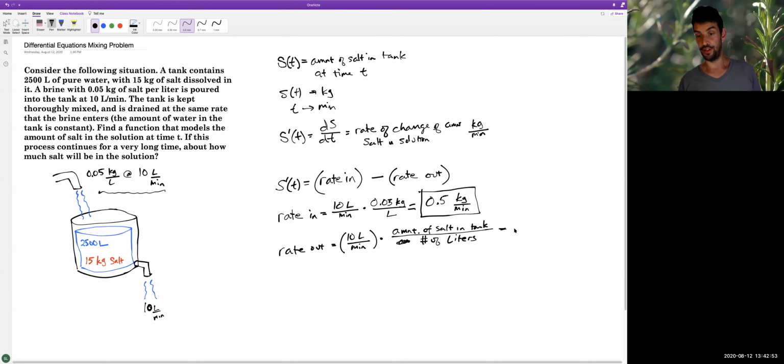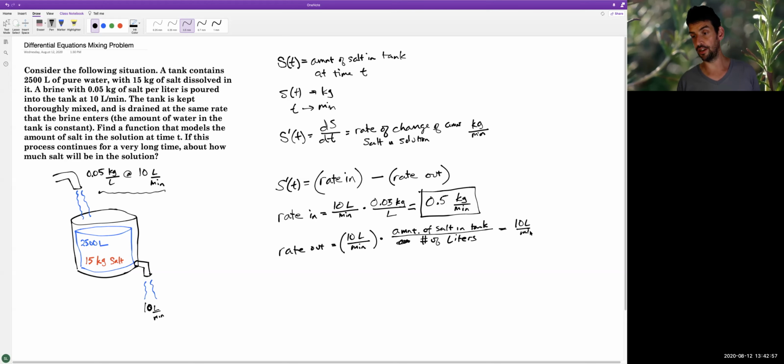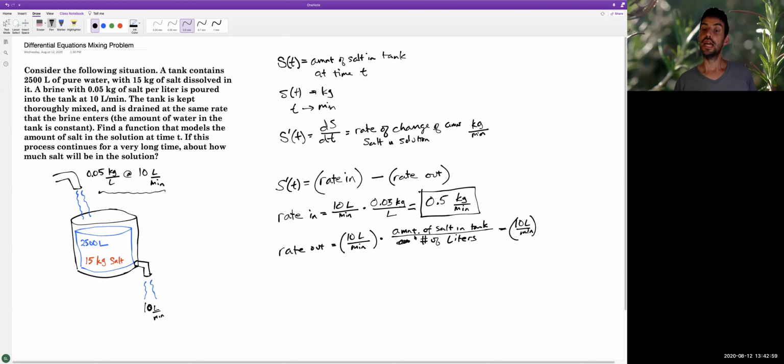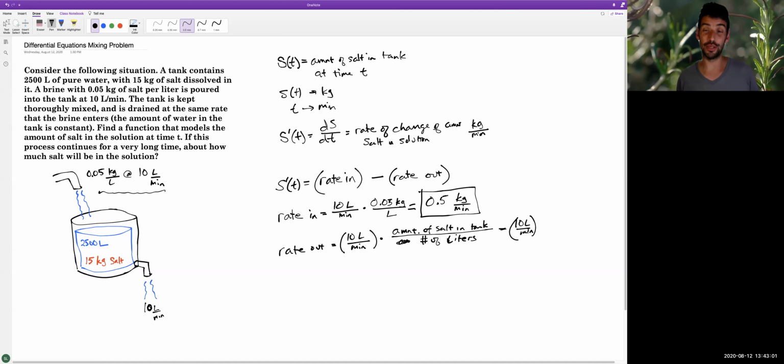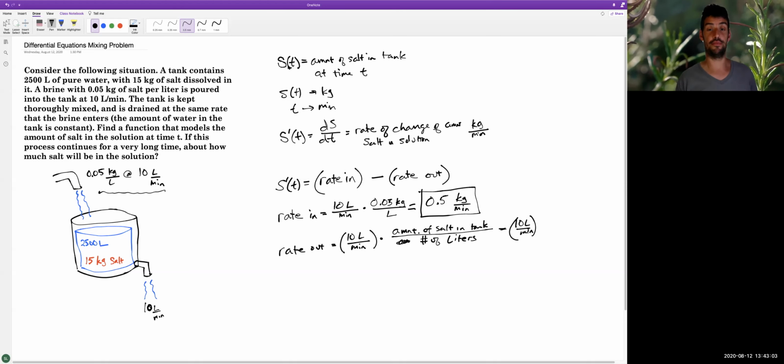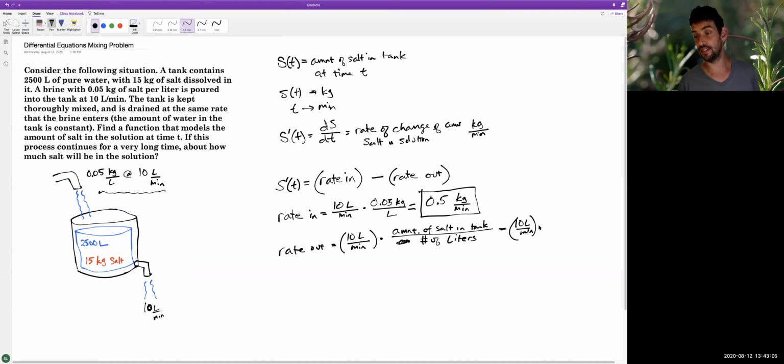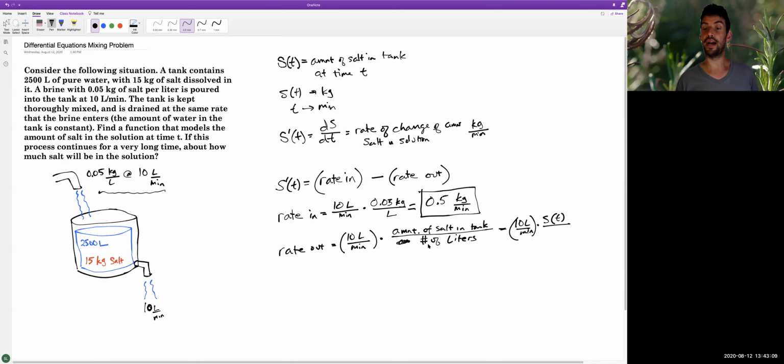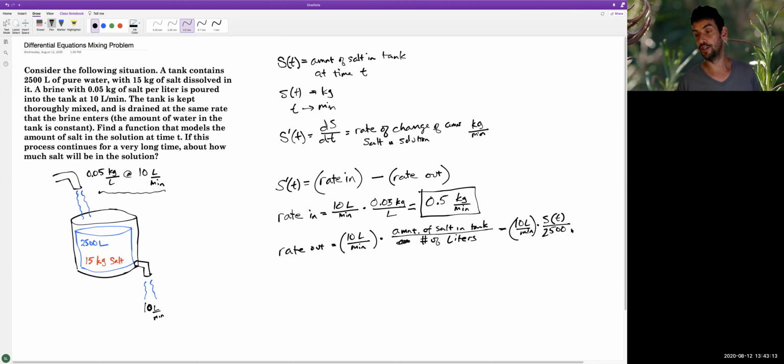Well, this is pretty straightforward. We've got 10 liters per minute, just carrying that part over. The amount of salt in the tank, we don't know. It's changing, but I gave it a name. We've been calling that S of t. So this is S of t divided by the number of liters in the tank. That's 2,500 liters.